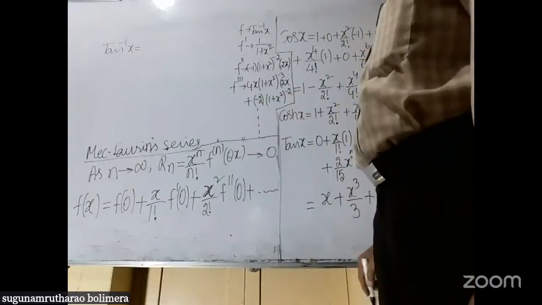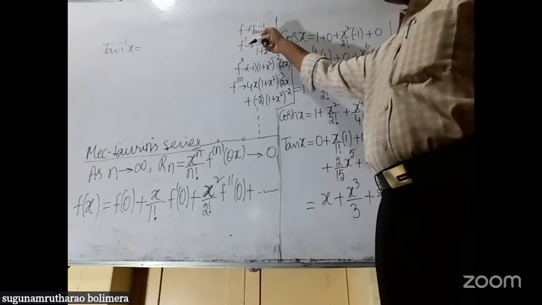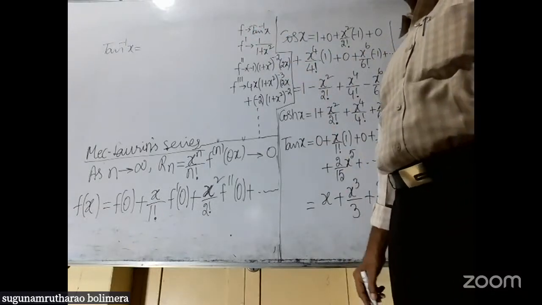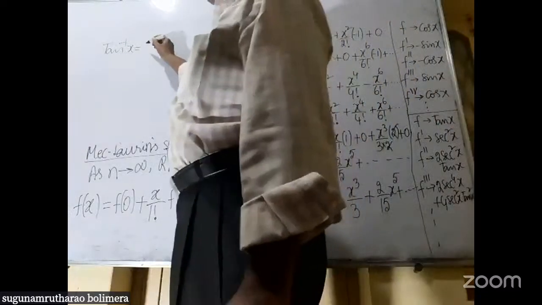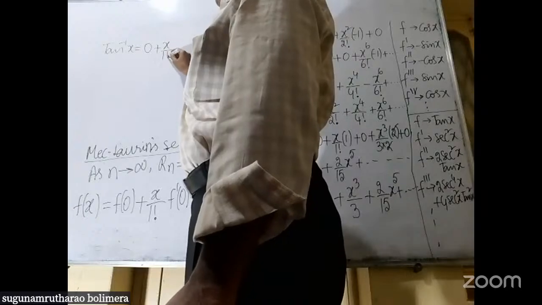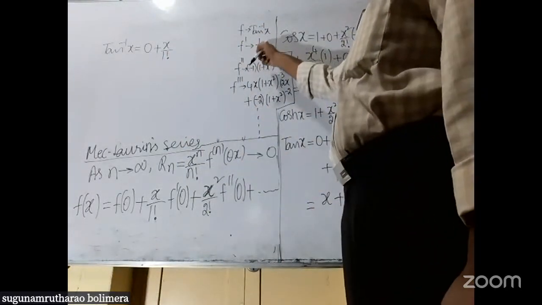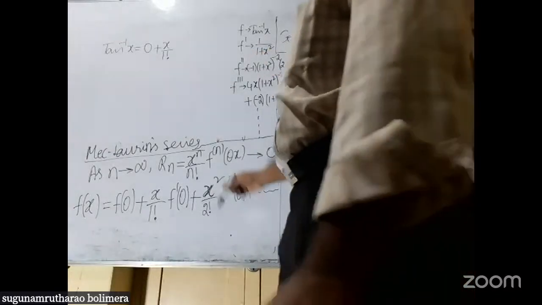Now if you keep on substituting in this, what is f of 0? Tan inverse 0 is 0. Plus x by 1 factorial. F dash of 0 is 1 by 1 plus 0, 1.